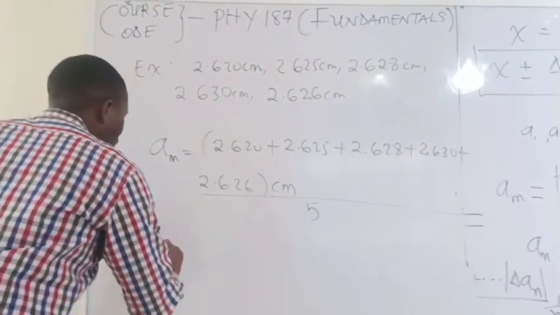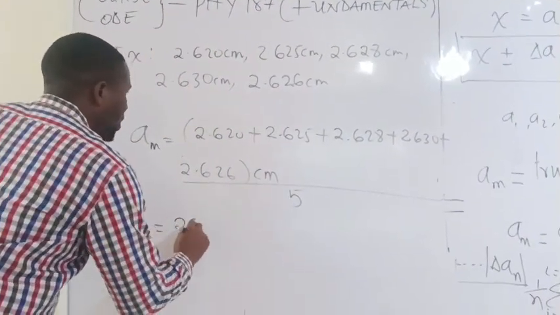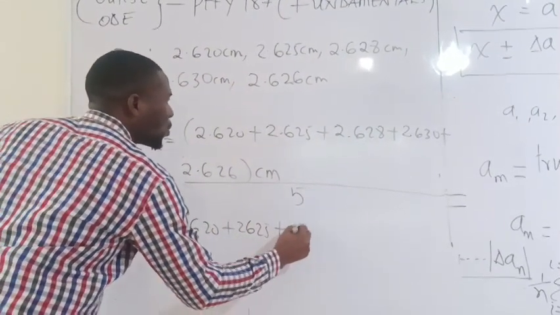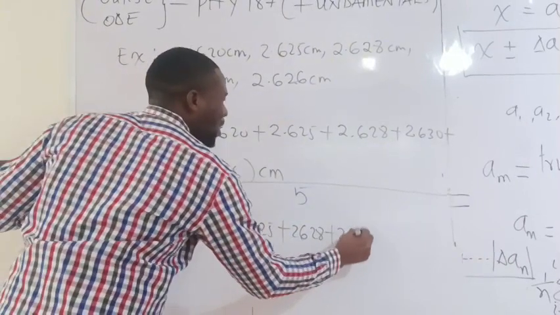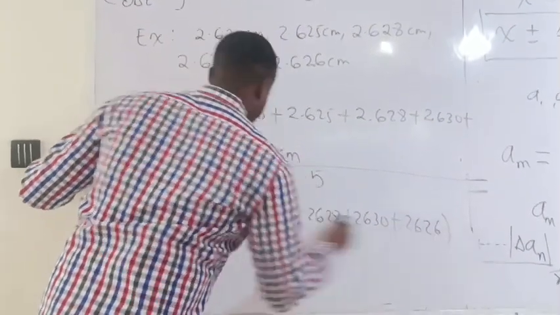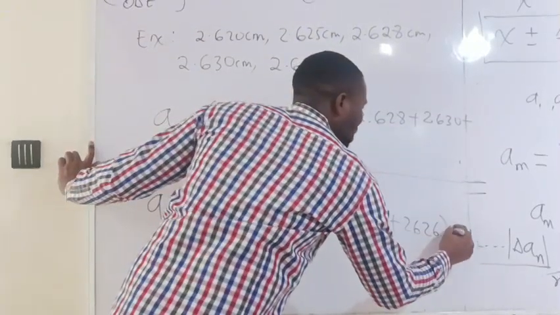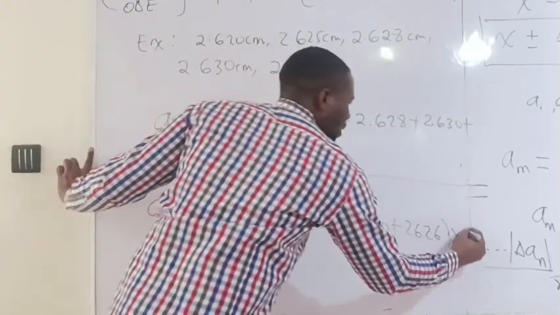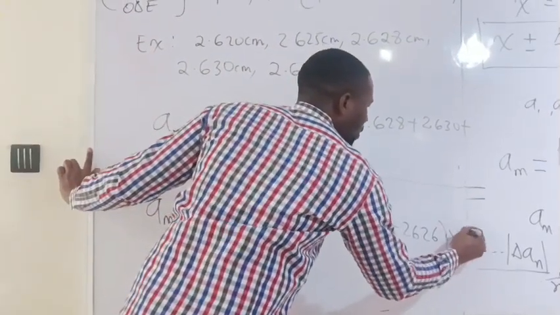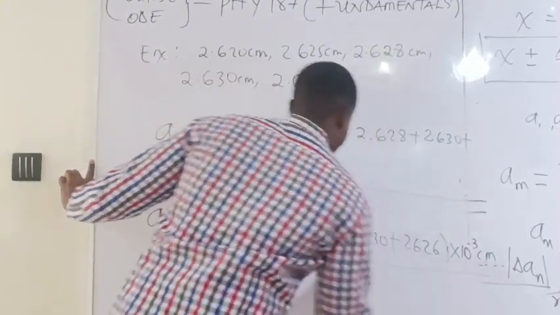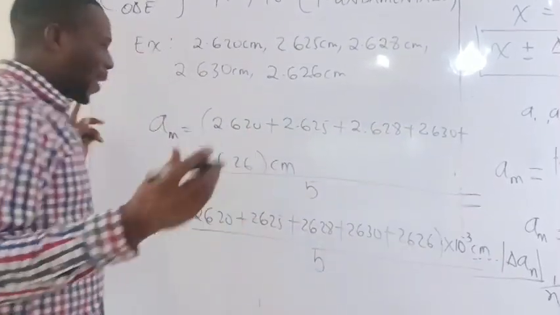So the mean value now will become 2620 plus 2625 plus 2628 plus 2630 plus 2626, in centimeter, times what I factored out, 10 raised to the power minus 3, then divided by the number of values.